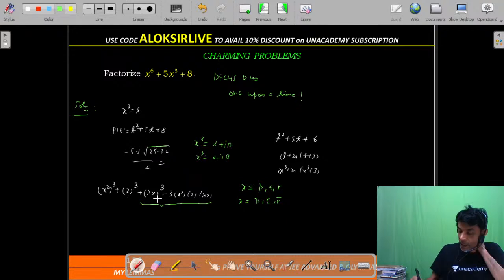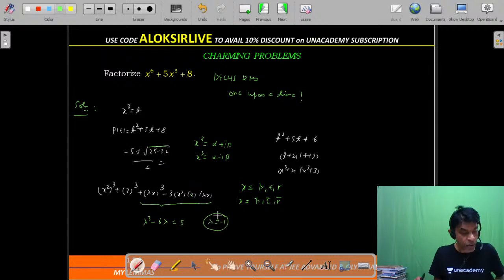So now see, this is lambda x cube. I can compare with 5x cube to uncover what lambda must have been. So this is lambda cubed and minus this is 6 lambda equals 5. So I get by inspection that lambda is -1. -1 fits the bill. And so we have discovered a method for what it might have been.